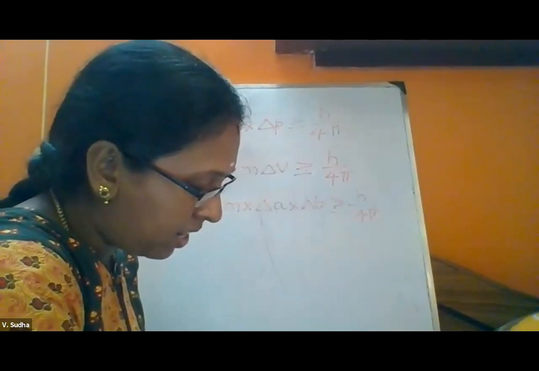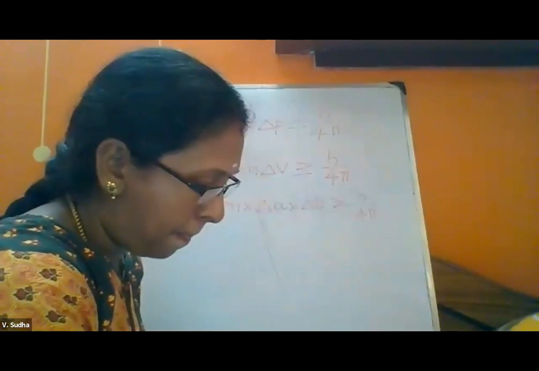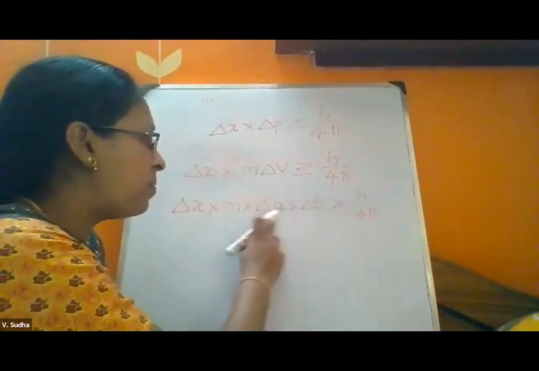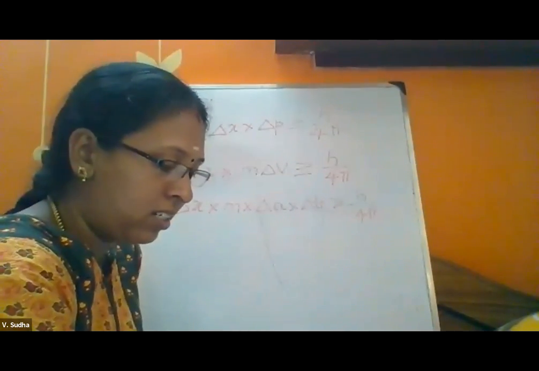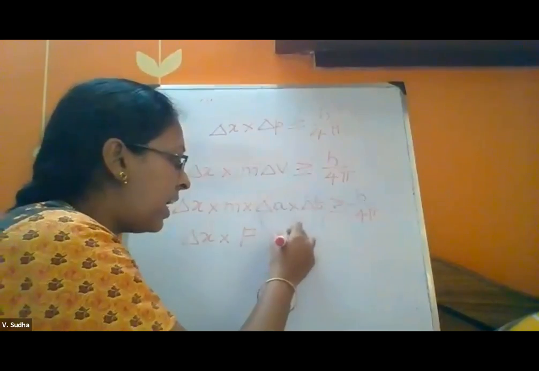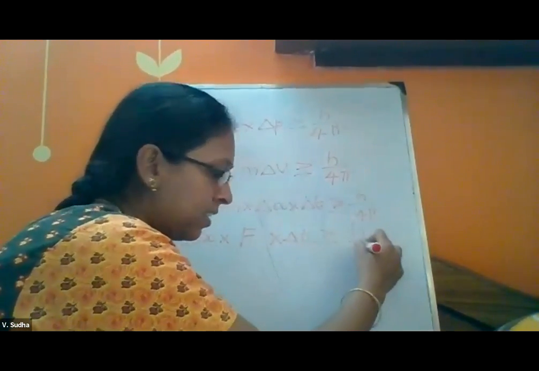What is mass into acceleration? Force. Delta x into force into delta t is greater than or equal to h by 4 pi.